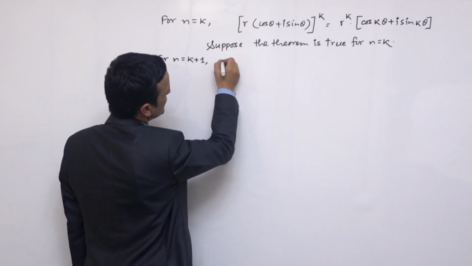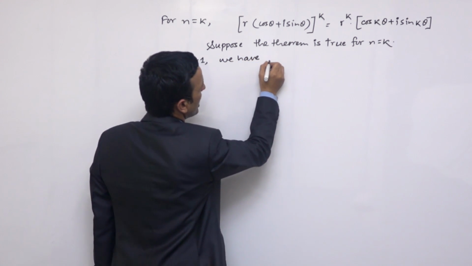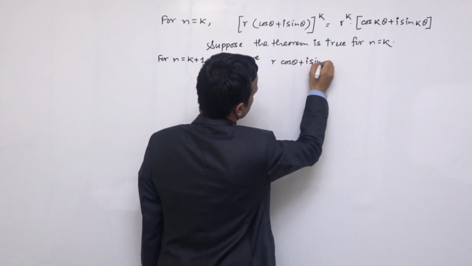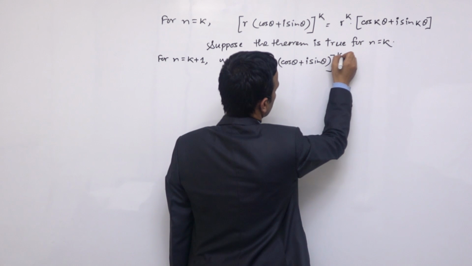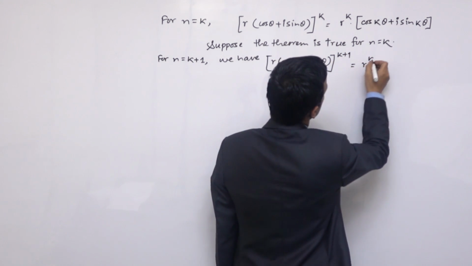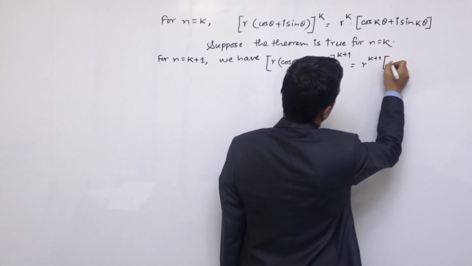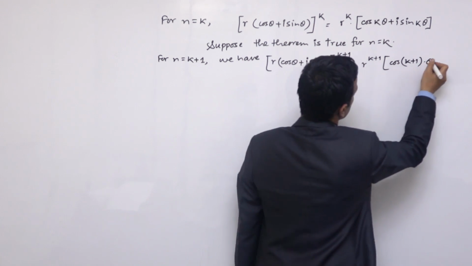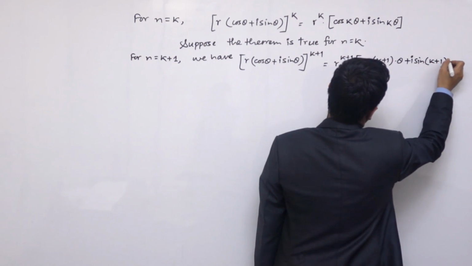सो n is equal to k plus 1 गर्दा we have this one, we have r times cos theta plus I sin theta whole power k plus 1 is equal to r power k plus 1 and cos k plus 1 into theta plus I times sin k plus 1 into theta.